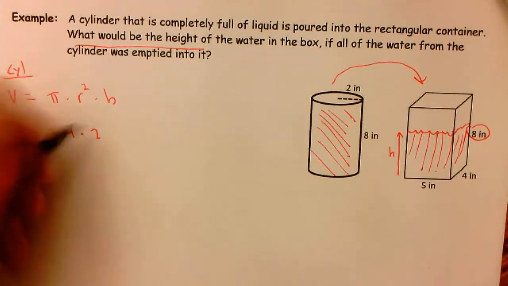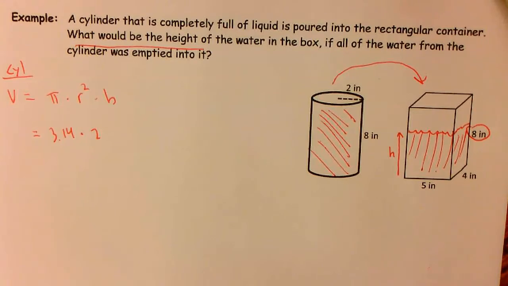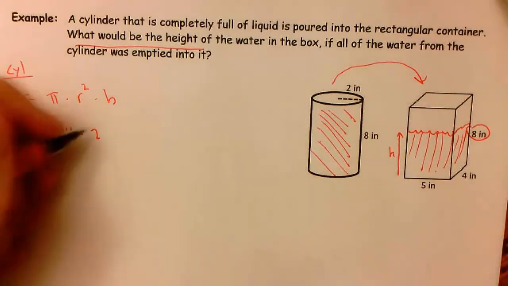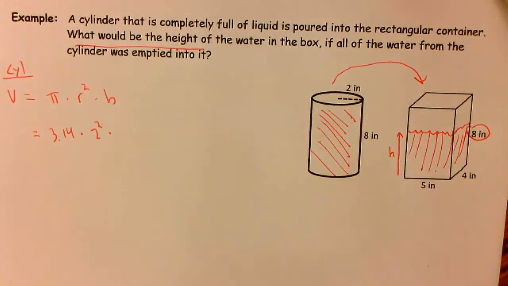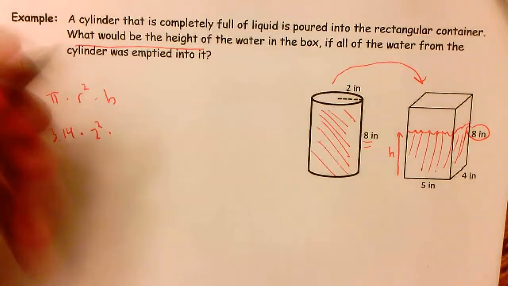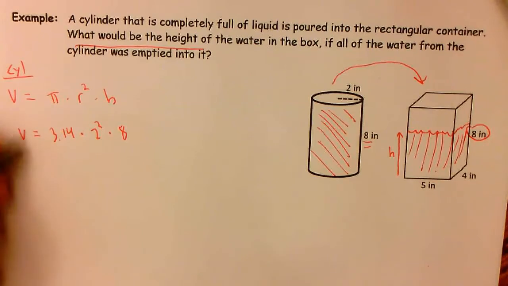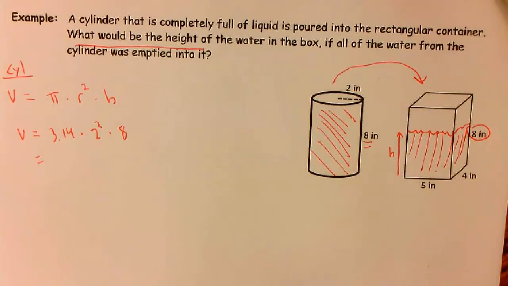And while I'm thinking about it, I want you to be careful, because on the homework today, which has only 5 problems, instead of giving you the radius on a problem or 2, I think they give you the diameter. So make sure you change that into the radius instead of using the diameter. All right, and back to this, the height here is 8. This will give me the volume of water in the cylinder.